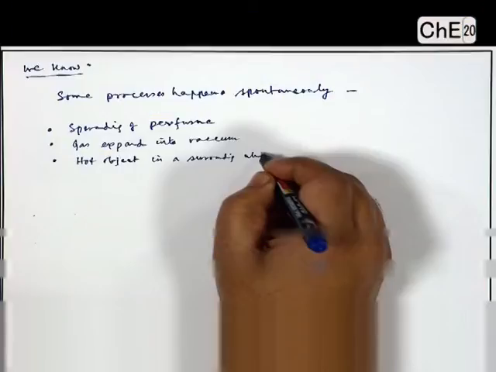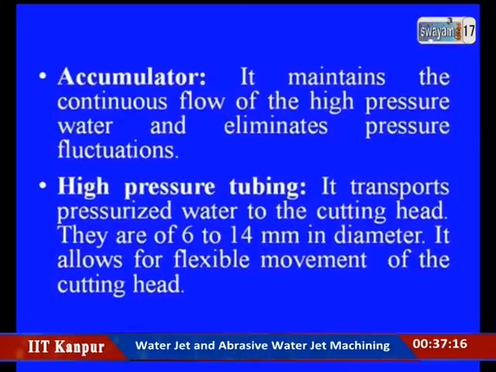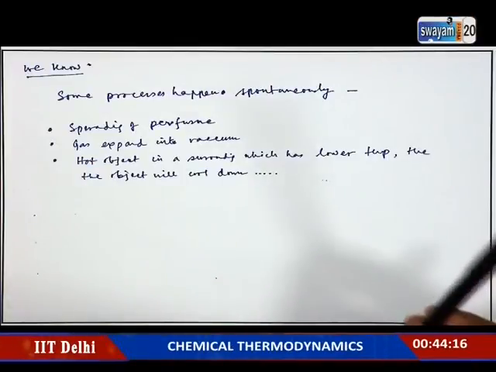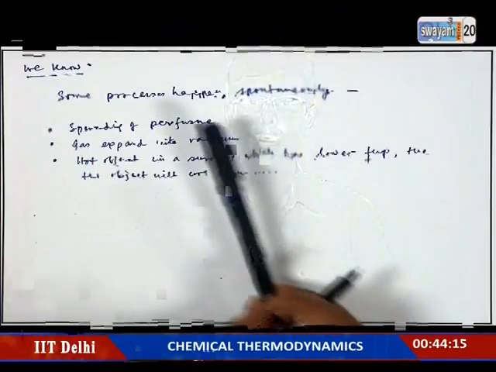They are of 6 to 14 millimeter in diameter depending on the application in which we are using it, and it allows for flexible movement of the cutting head. Jet cutting nozzle. These nozzles are used to convert the high pressure liquid into high velocity. This is the unit where high pressure will be converted into high velocity.